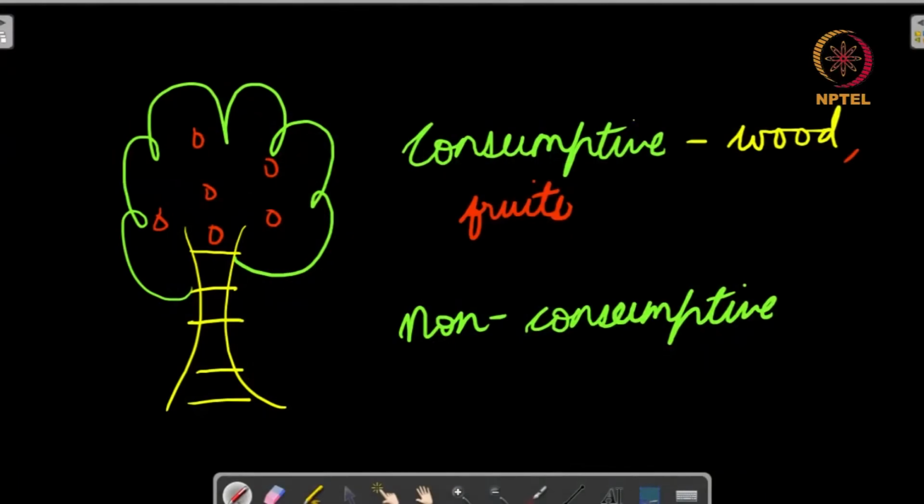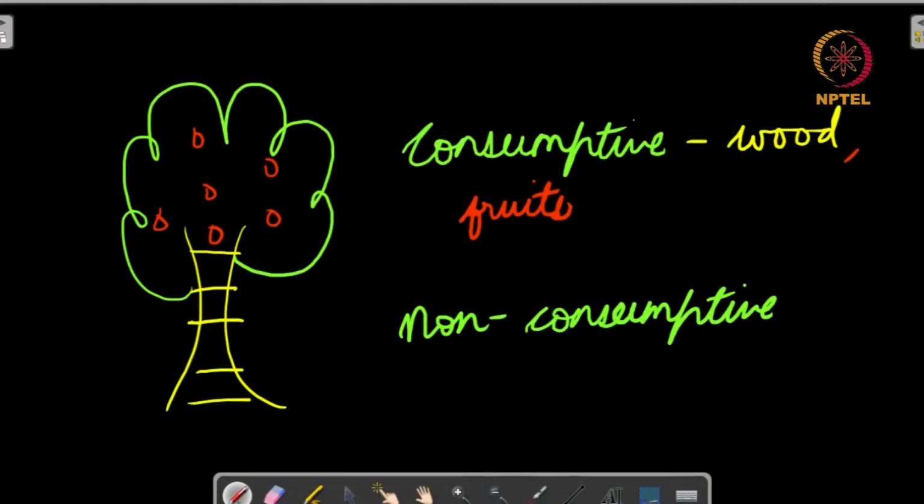Similarly, if you take all the fruits, then less and less fruits are available for me and others. So these are consumptive usage. In the case of a consumptive usage, if one person uses the resource, then less of the resource is available for use by others. So that is consumptive use.